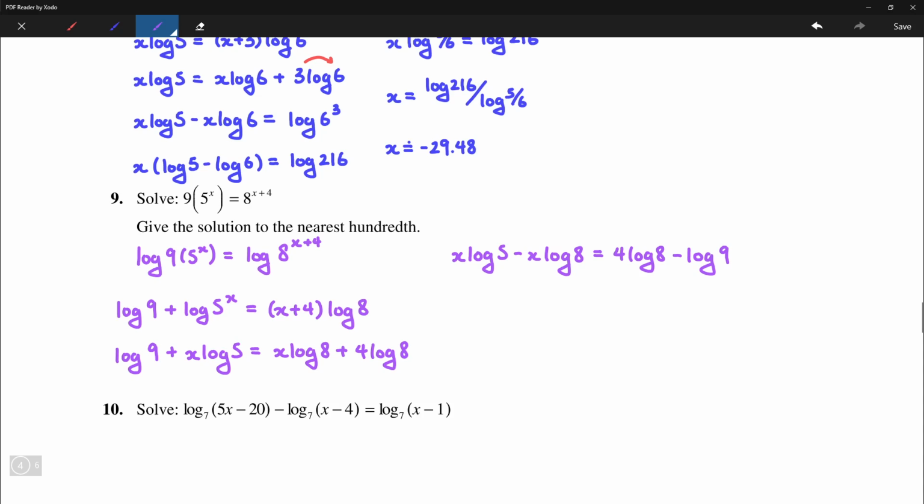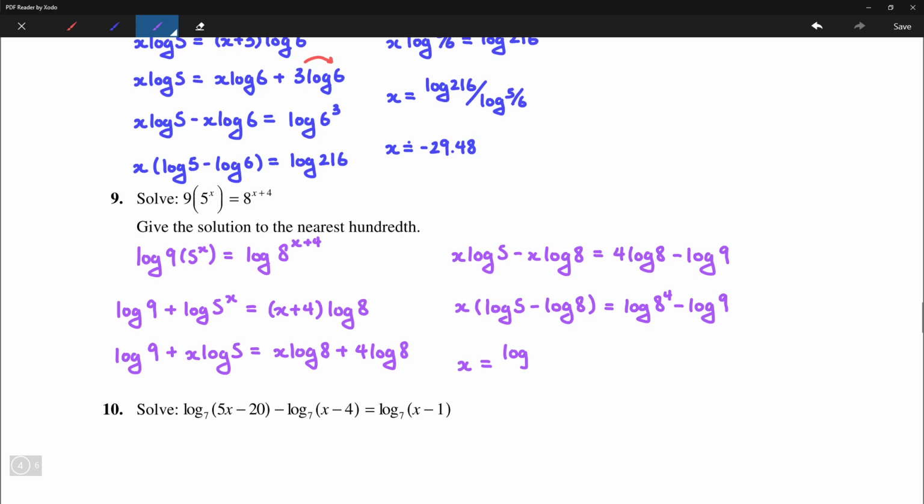So here we can factor out the x, and apply the power rule here. So we have log 8 to the 4th power minus log 9. And afterwards, you can simply divide both sides by log 5 minus log 8.